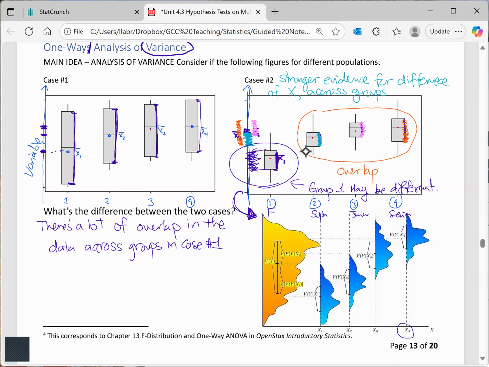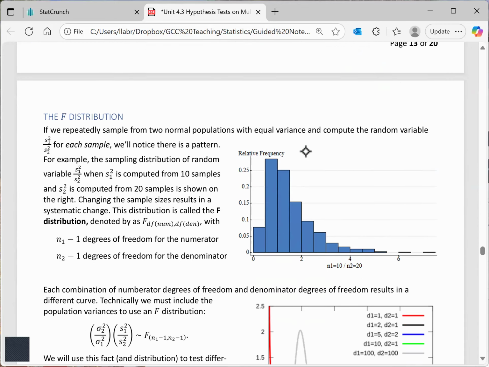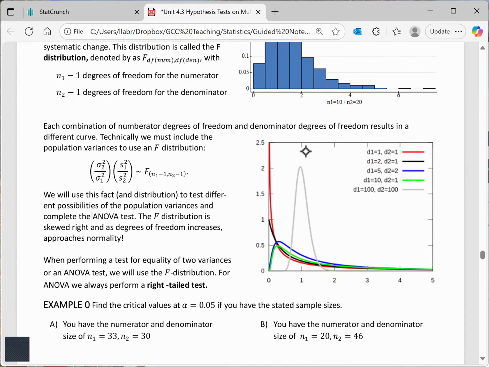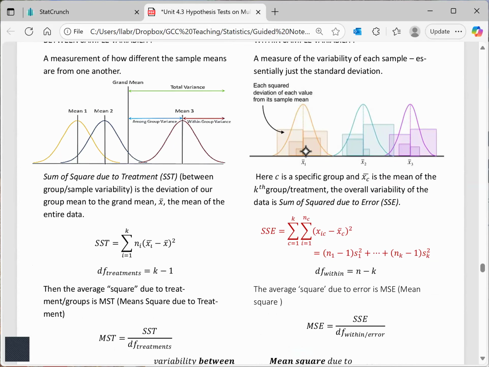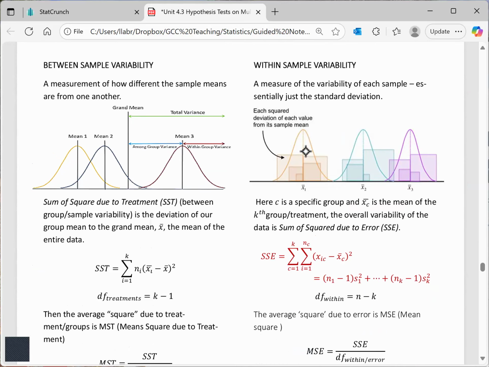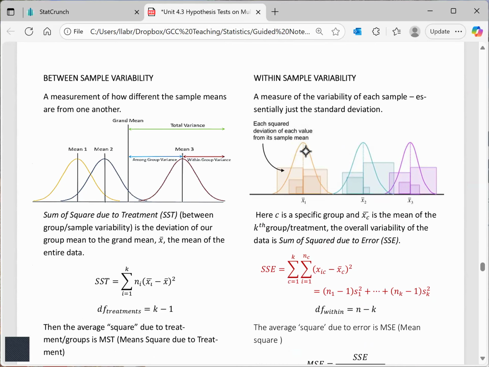Okay, so let's build the intuition a bit more over this by looking at the following. So let's skip page 14 for now. What we're going to measure is the variability between different groups versus the variability within.